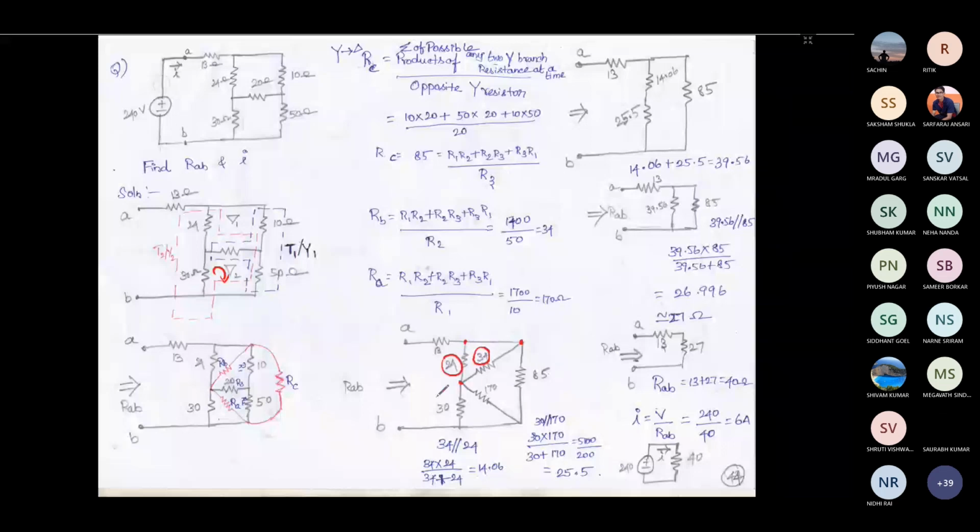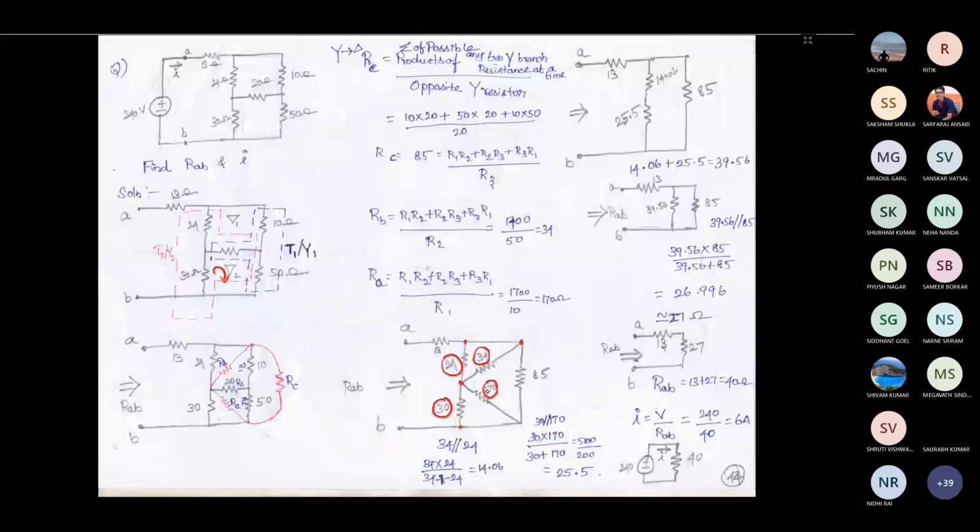Similarly, this 30 ohm and this 170 ohm are in parallel combination, because both their top and bottom terminals are connected together, and you can see that there is no resistance in between. So this 24 ohm resistor and 34 ohm resistor are in parallel, and this 30 ohm resistor and 170 ohm resistor are in parallel.